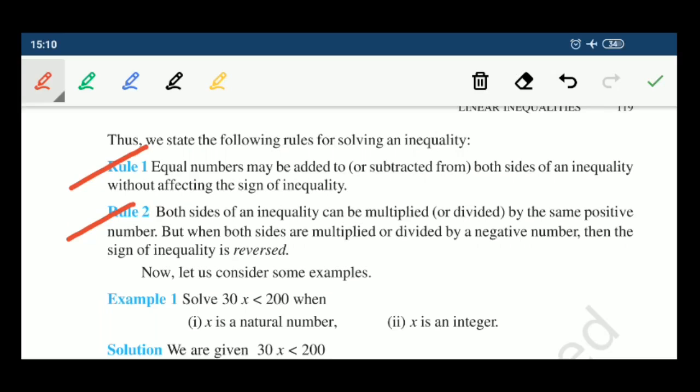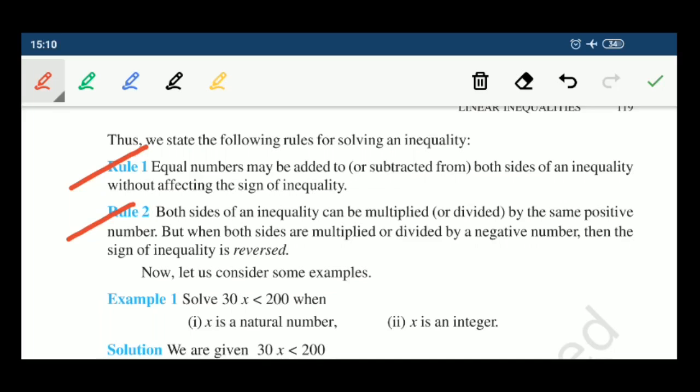So all the natural numbers you will write down which are less than 6.6. The value of x is 1, 2, 3, 4, 5 and 6, and you will write down its answer in curly brackets.